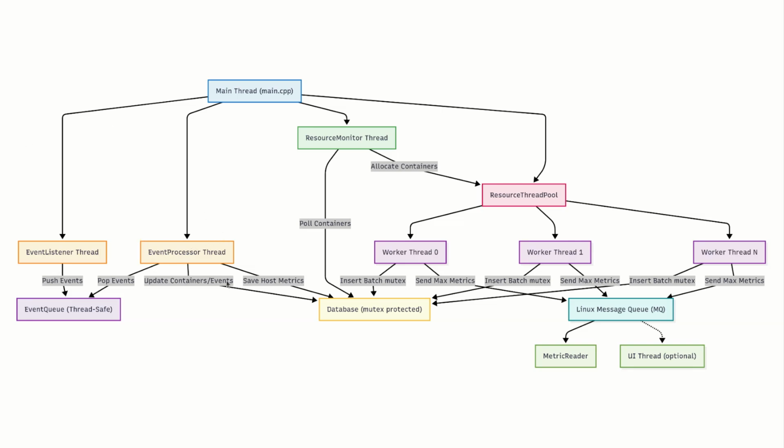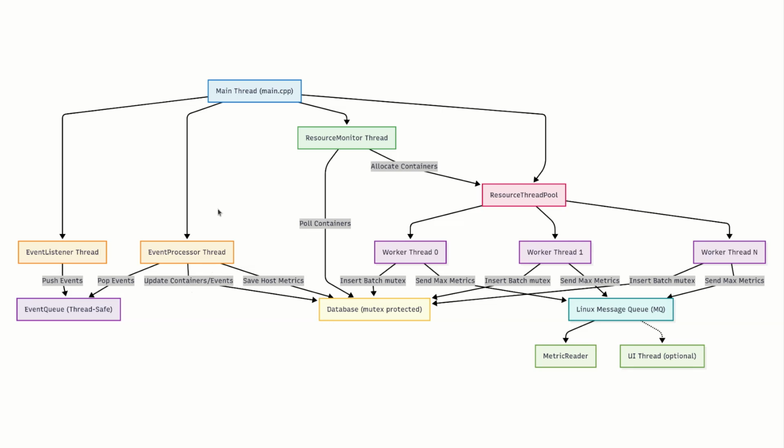Another thing: once the event listener gets these events, it pushes the event into an event queue, which is a thread-safe queue monitored by the event processor thread. Once the event queue has content, the event processor pops the event, tries to make sense of it, and maintains a list of all the containers which are active and have to be monitored.